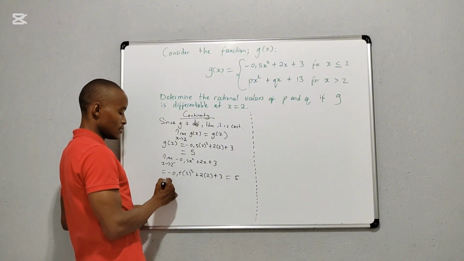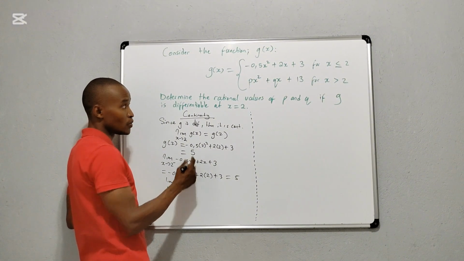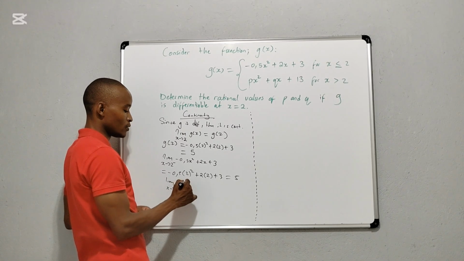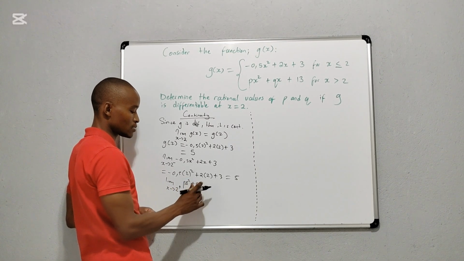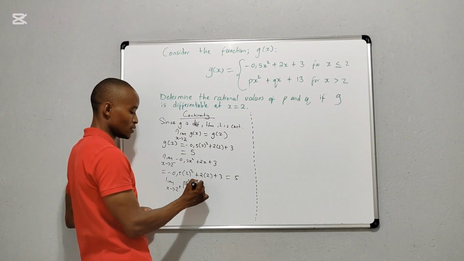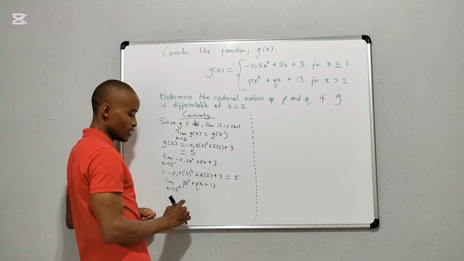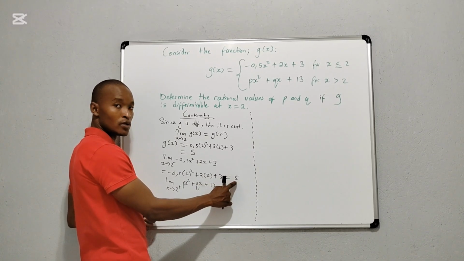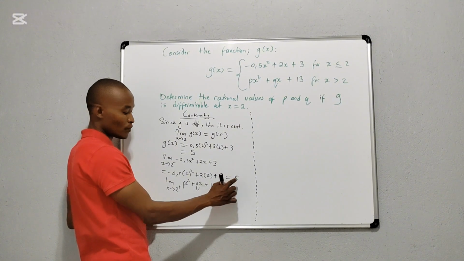Okay? And limit as x approaches 2 from the right, we'll take the second one now. p x squared plus qx plus 13. Okay? This must be equal to the other one-sided limit, which is also 5.